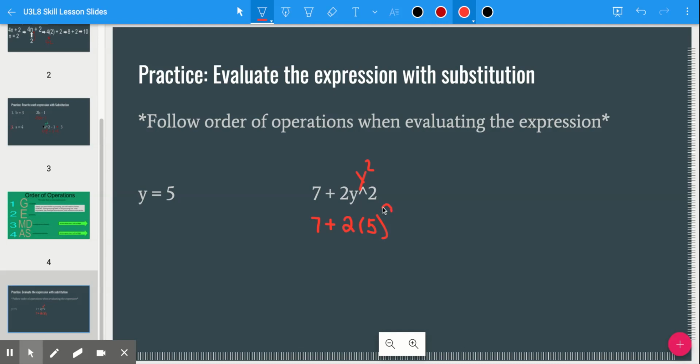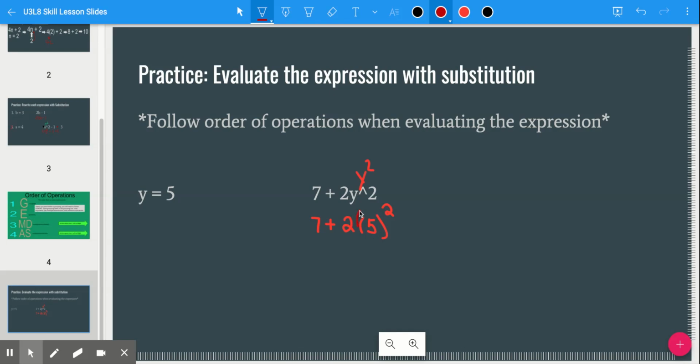And then that is raised to the second power. Okay, now order of operations. I will underline what I'm doing in red and then show my work in orange. First thing I need to do is my exponents. So look, I have 5 raised to an exponent, right? I do whatever's inside my parentheses first. I just have a 5, so then I move to exponents as the next phase.